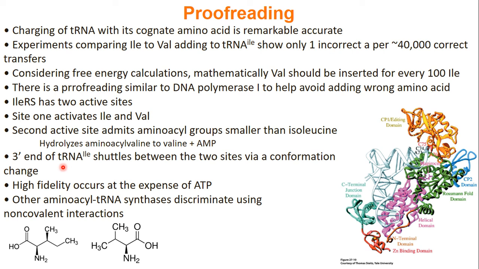So we're moving to these two different sites to make sure we don't accidentally insert our valine. So we are adding our isoleucine with high fidelity, but we are using ATP. That's our trade-off there, which is an okay trade-off because we don't want to have errors in our proteins.